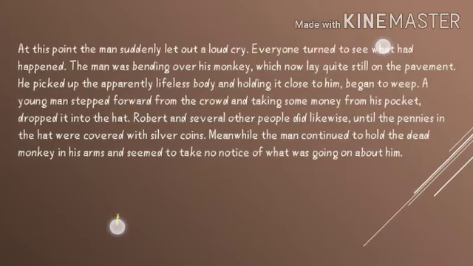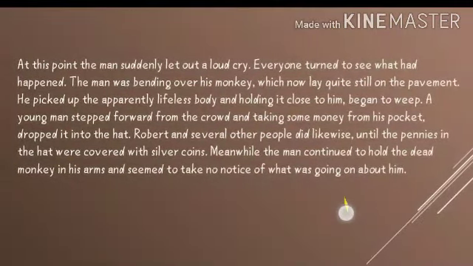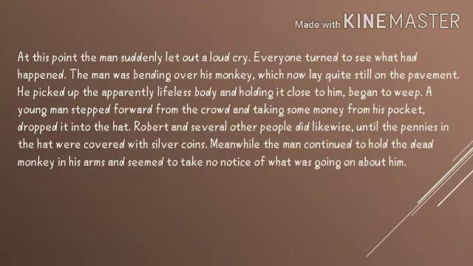At this point, the man suddenly let out a loud cry. Everyone turned to see what had happened. The man was bending over his monkey, which now lay quite still on the pavement. He picked up the apparently lifeless body and, holding it close to him, began to weep.